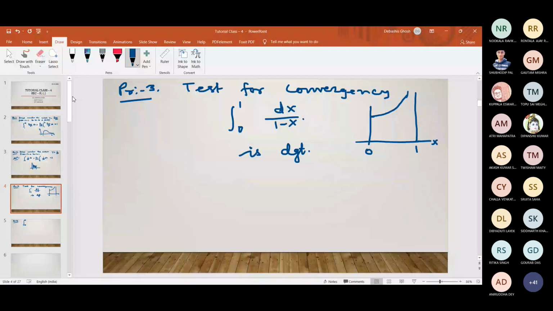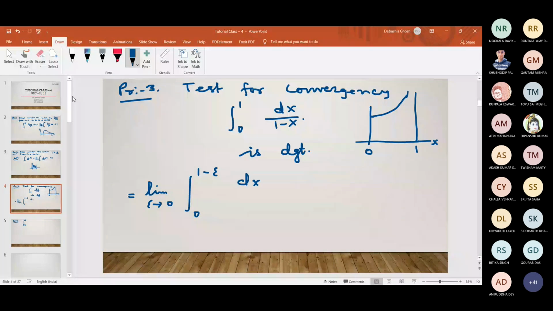In this case, if you are considering that 1 is the point, then you have limit epsilon tends to 0, integration 0 to 1 minus epsilon, dx by 1 minus x.